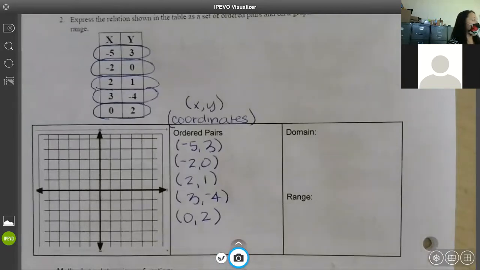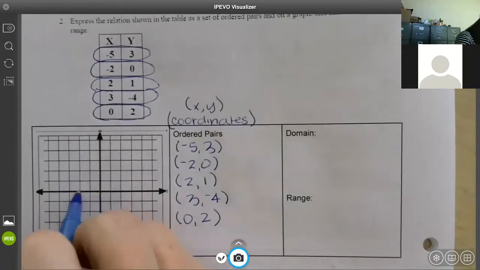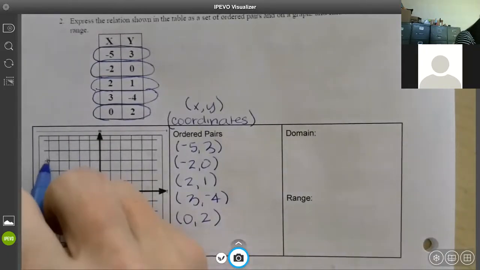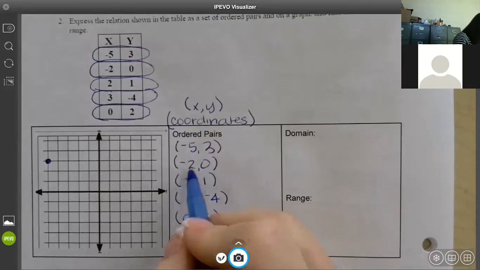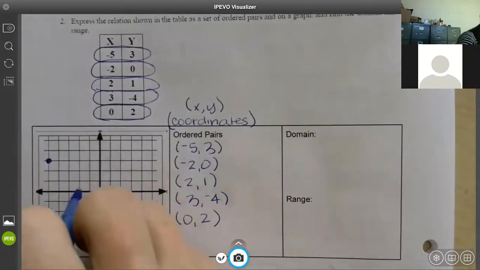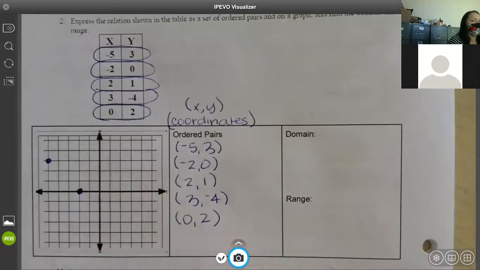To graph -5, 3, remember we go left or right first. Since it's negative, we're going to go left 5, 1, 2, 3, 4, 5, and up 3 because it's positive. Again, left, right first. So -2, 0, we're going to go over to the left 2, and it says don't go up any. So we're just going to stay right there on the x-axis.